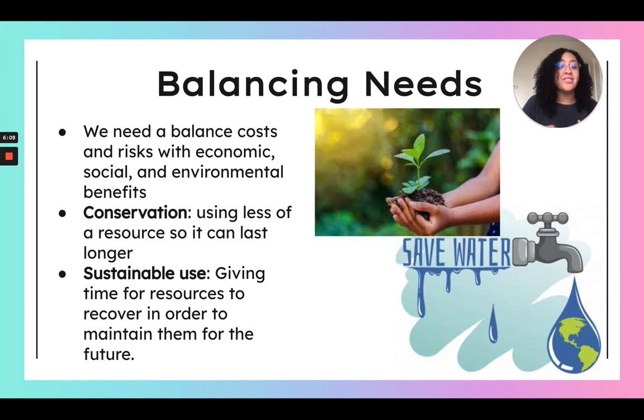We need to balance our needs in a way that is economically beneficial, socially beneficial, and environmentally beneficial. So we have all of these factors that we need to take into account when we make our choices.